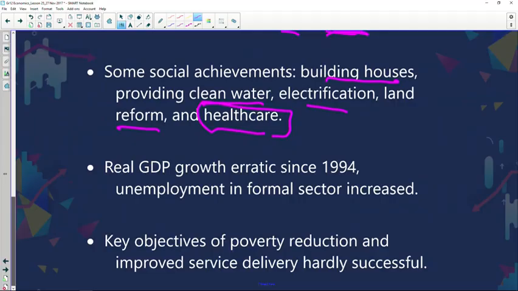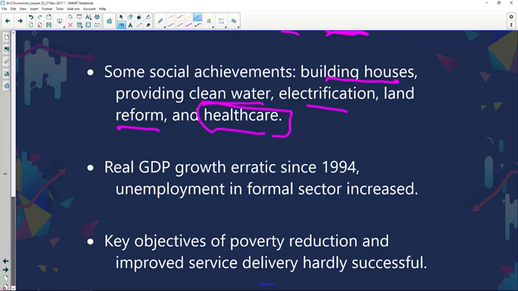Then the real GDP growth was erratic since 1994. Unemployment in the formal sector increased. So there were ups and downs. There were some social achievements, but unemployment in the formal sector increased.